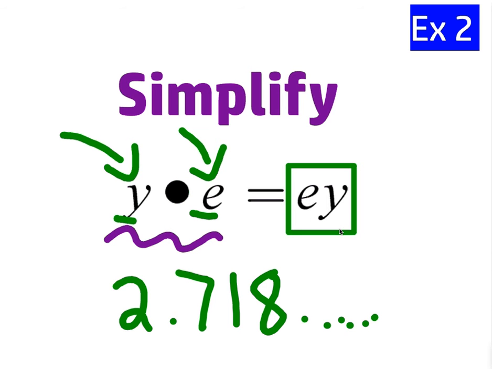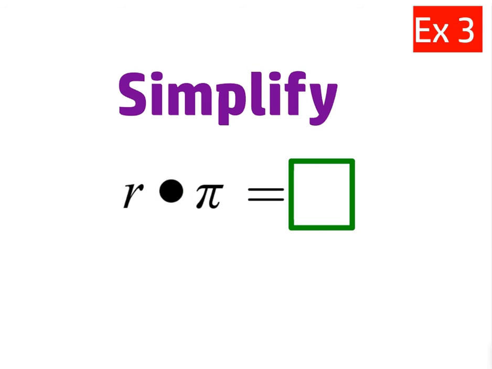Looks a little weird, right? But y times e is the same as ey. And you want to put the constant first. I'm loving this. Alright. Next, r times pi. Let me ask you guys again, which one's the variable and which one's the constant? Yep, the variable comes first. R could be anything, and a lot of times it means radius, and of course you can have a circle of any radius, therefore it's a variable.